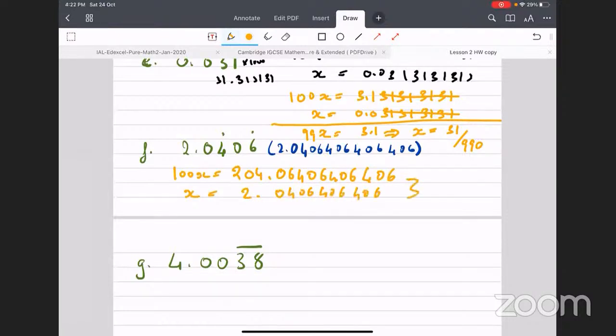So this will not work, because they will not cancel out. The recurring decimal will not go away.